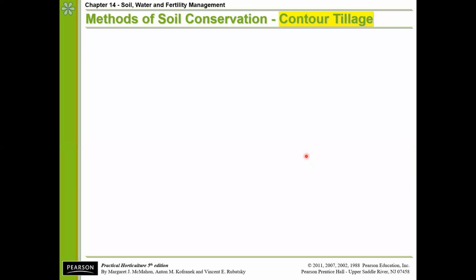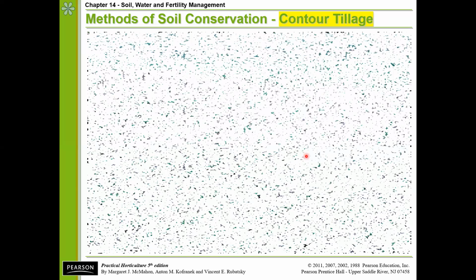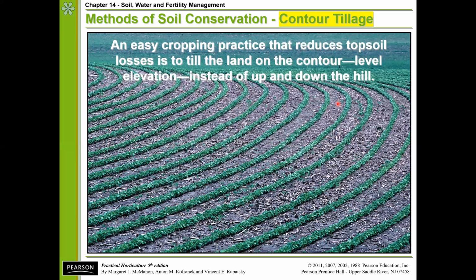I think something that everyone should practice is contour tillage. It's easy to do these days, especially if you have GPS guided equipment. Basically, you look at the contour line. Think of those lines on a topographic map, which they also call the key line, where it's the same elevation around instead of going up or down a slope.